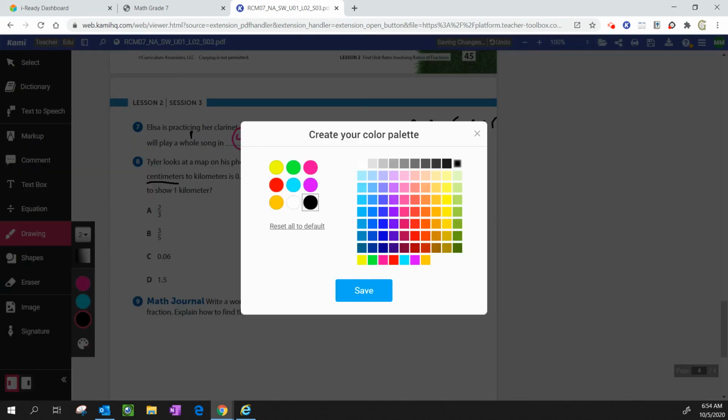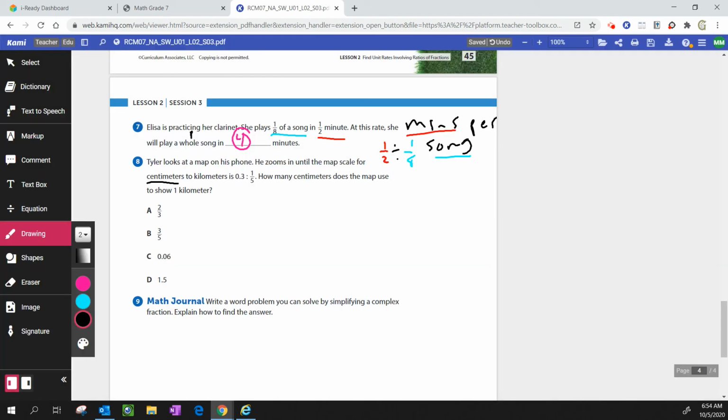Okay, centimeters. So since centimeters came first, this is my centimeters. And then we got kilometers, kilometers, kilometers.